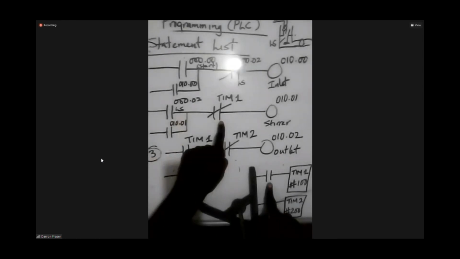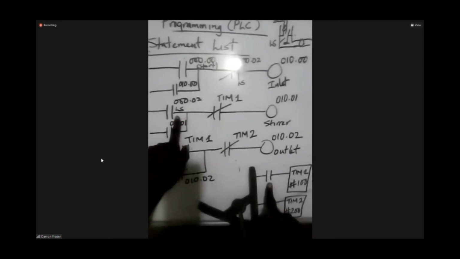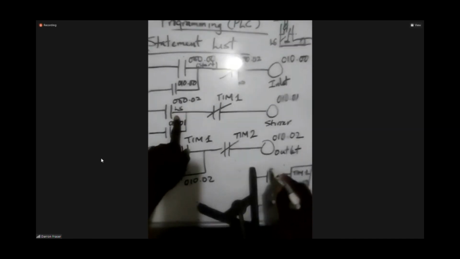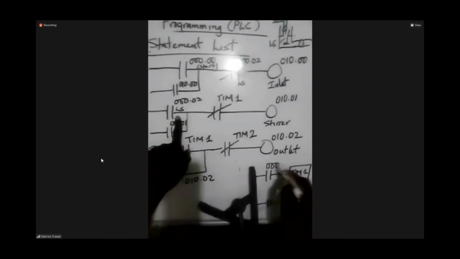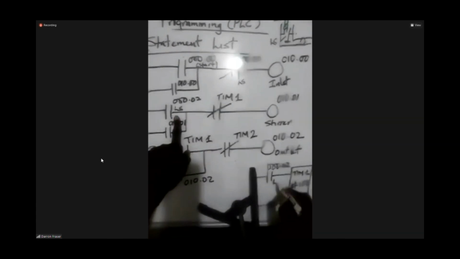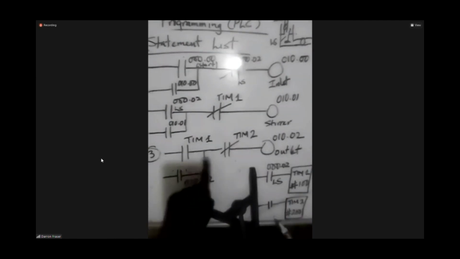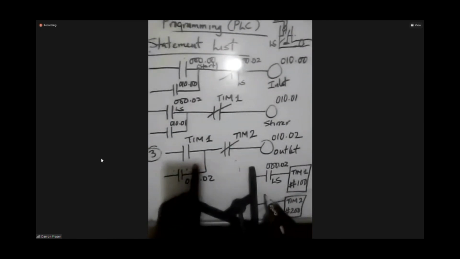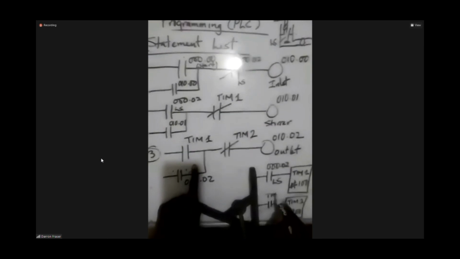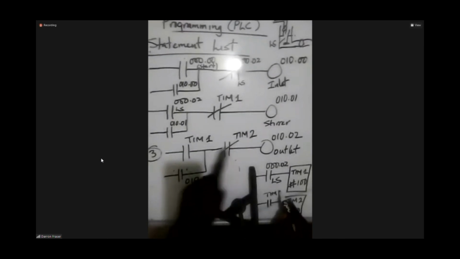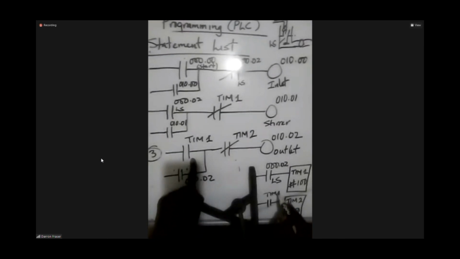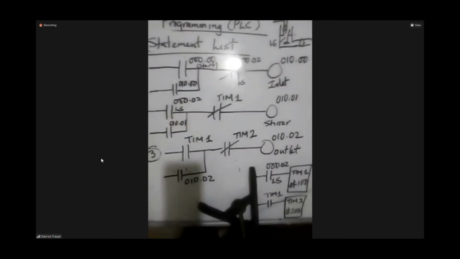The timer number 1 is in this row. So the limit switch is what you'd use to turn on timer number 1. So you'd use the limit switch, that's 000.02 limit switch. We're coming back to this in a little while. And timer number 2 is going to be turned on by timer number 1. And then that will be the end of the program.